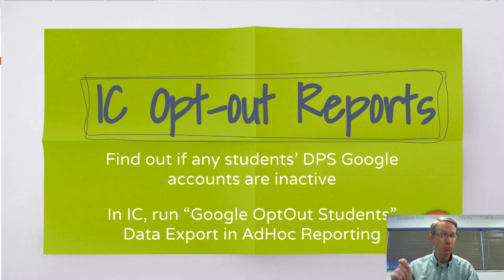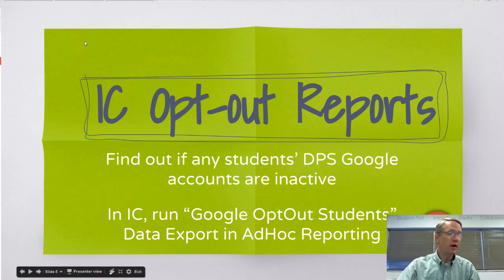So you're looking for those OPO students. Those are the ones that have had their Google accounts deactivated. But you just might want to double check with those parents just to make sure, was this really your intention? This is a huge learning platform we use. It really would be to your students' advantage to be opted into their Google accounts. All right, so let's go ahead and move on.